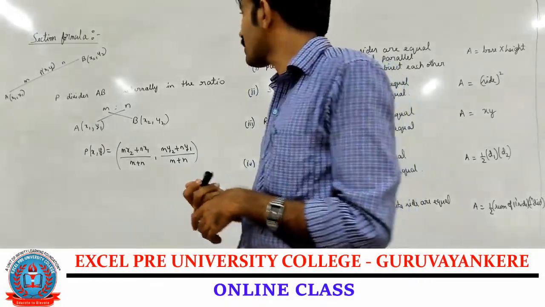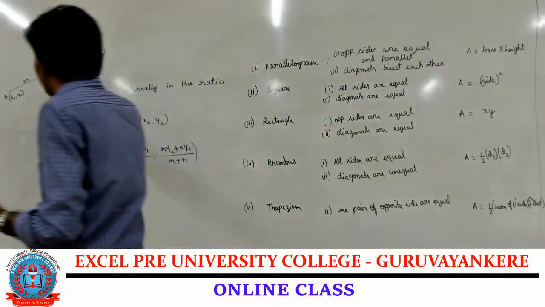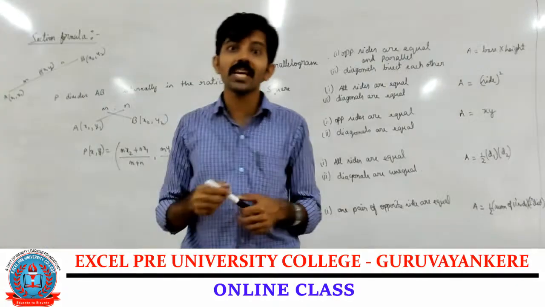Further, we can discuss the section formula for external division. The point P divides AB externally in the ratio m is to n.